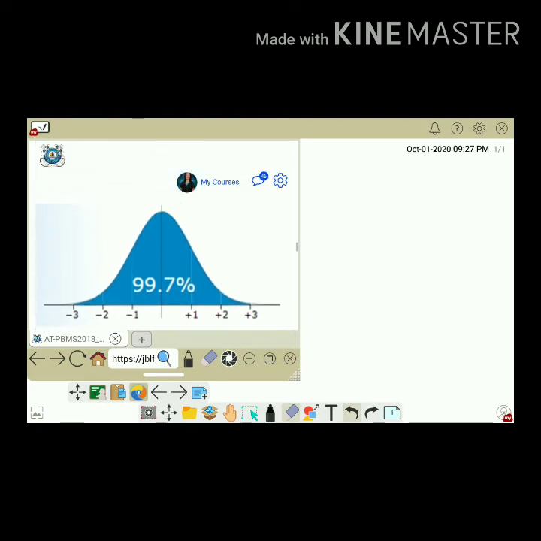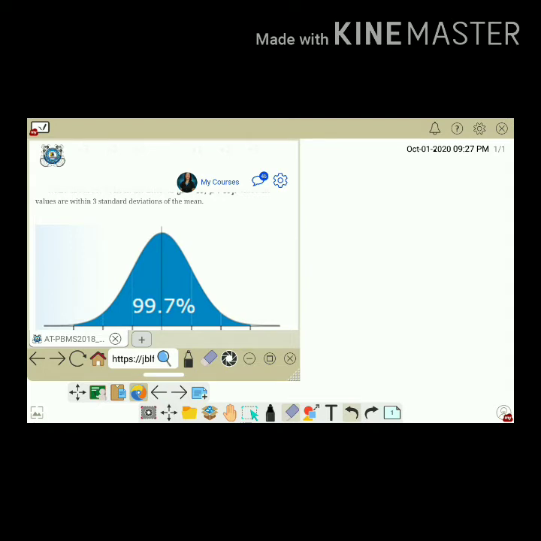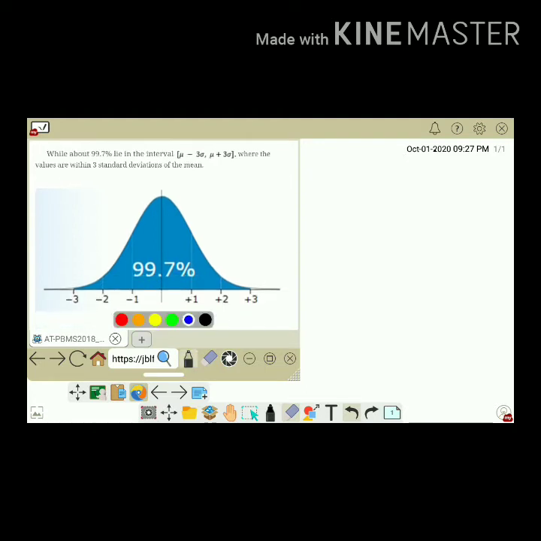Okay, and also for the 3, this is 99.7. That only means that from negative 3 to 3, that is 99.7%, or from your mean going to the left, if you divide it, we have 49.35%.